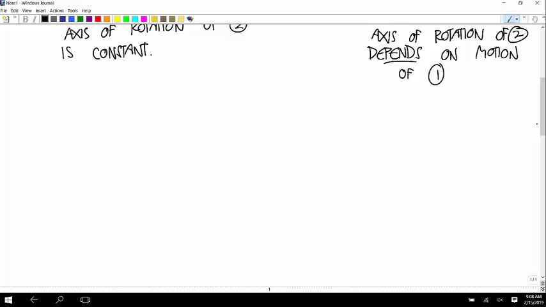All right, so now we're going on to particle kinetics. So let's just get the terminology straight.